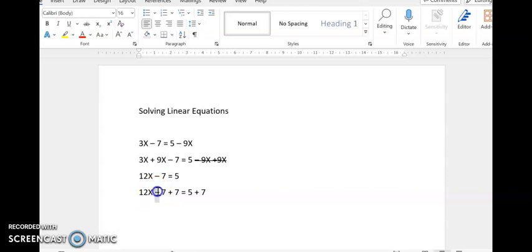So again, the minus 7 plus 7, I'm going to come up here and cross that out. So then that gives me 12x equals 12. I need to divide each side.